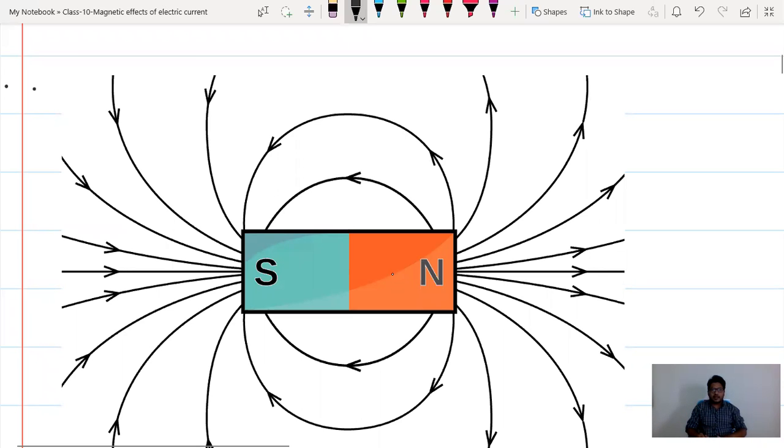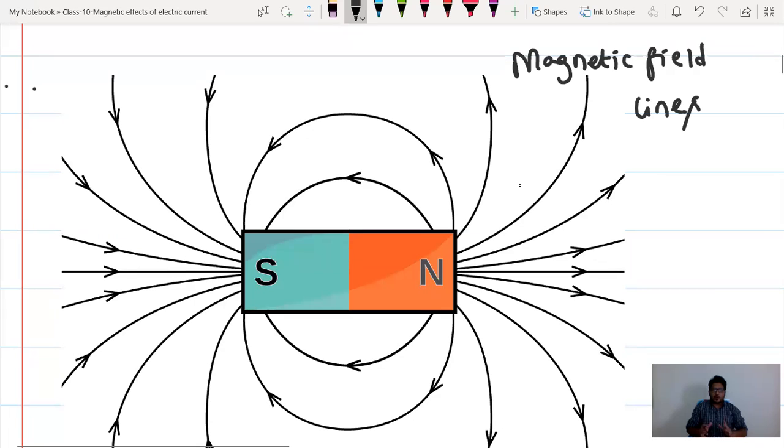Inside the magnetic field we can see magnetic field lines by using some supplements like a compass needle, or you can take iron filings, etc. By using those you can observe.